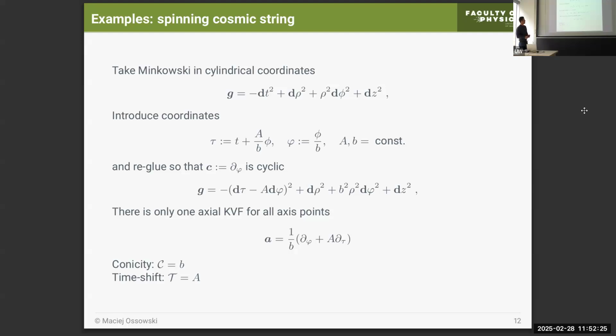In this case, this metric is certainly regular for all of the points apart from possibly rho equal to 0. So if there is an axis somewhere in the spacetime, it has to be at rho equal to 0. And in fact, all of the axis points have rho equal to 0. And for all of them, we have the same axial Killing vector field, which is this guy.